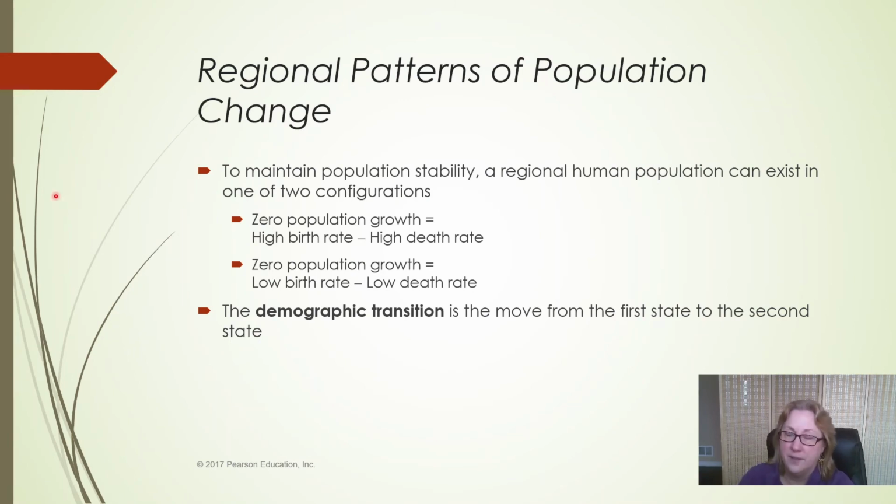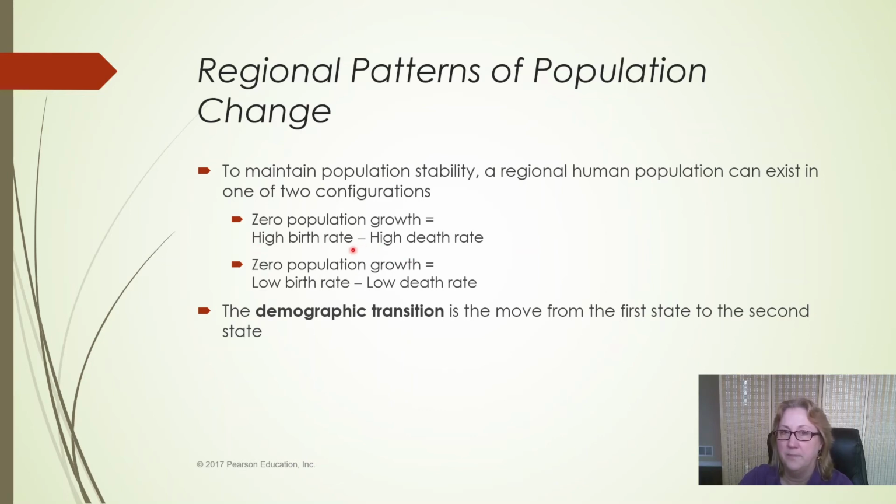To keep a population stable, there are two ways to do that. One is to have a high birth rate and a high death rate. The other is to have a low birth rate and a low death rate. The reason we had this explosion was because initially this was the human population, during when we were hunter-gatherers and before the Industrial Revolution.